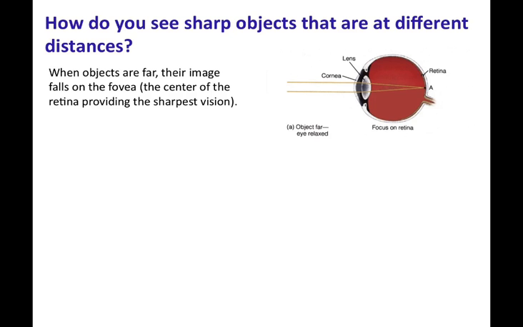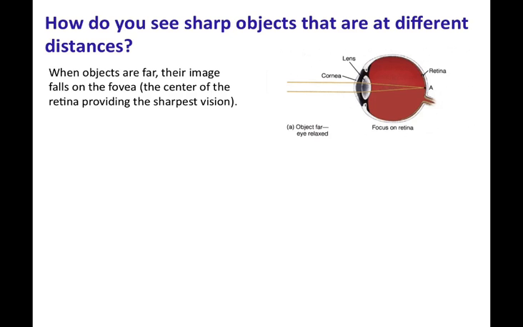Okay. We talked about the lens and the cornea, and the process that is important for you to understand is called accommodation. This is a process that lets you see objects at different distances from you sharp all the time.